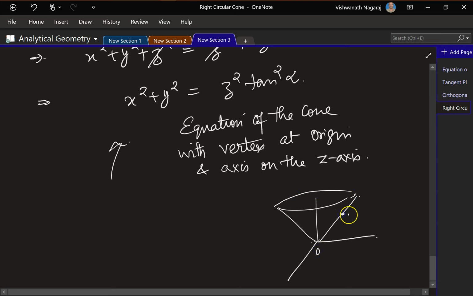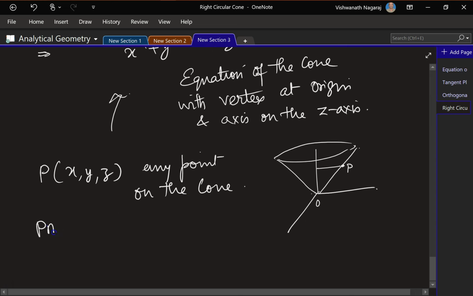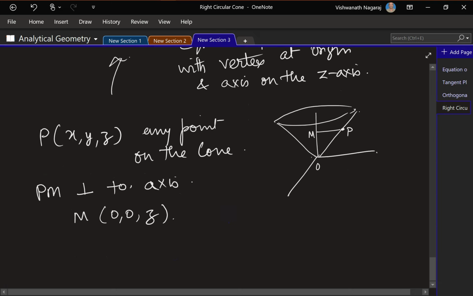Let's say we have an arbitrary point P, any point on the cone. PM is perpendicular to the axis, which is, remember, the z-axis. So which means M would be 0, 0, some value of z, the same as the z of P.